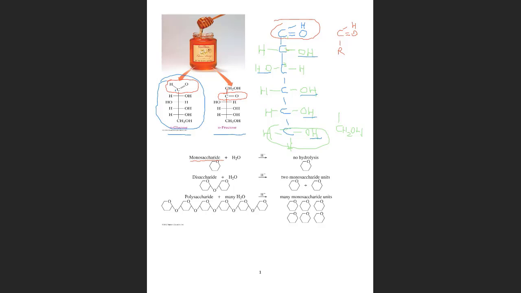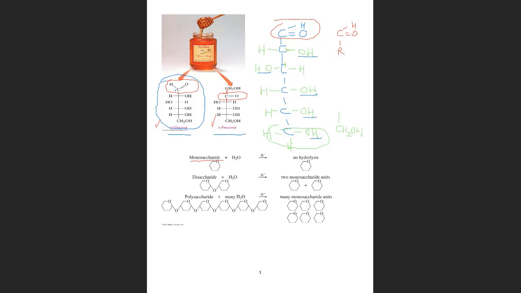For example, glucose, as we just drew here, or fructose, those are monosaccharides. Then we can have disaccharides, for example, sucrose or lactose. Why are they called disaccharides? Because they are two monosaccharides that are joined, that are bound together.